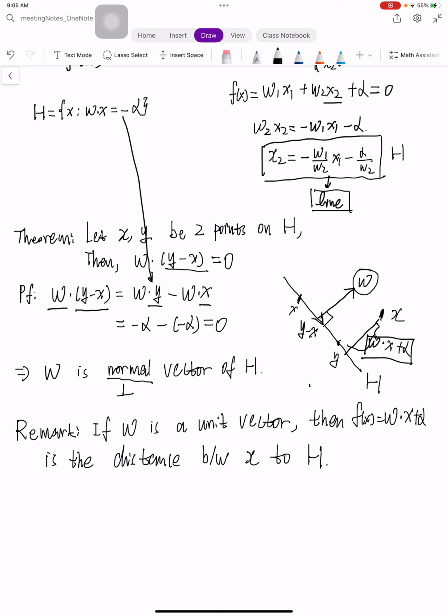If it's below, it's this distance but negative. So it's the signed distance between x and the decision boundary.